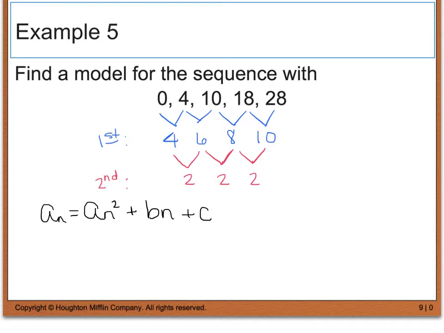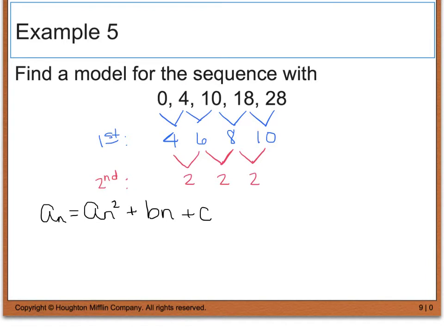Now because I was given my 0, 4, 10, 18, 28, and so on, these are my a sub n terms. I know that my first term, a sub 1, equals 0, a sub 2 was 4, a sub 3 was 10, and so on. I'm going to use that bit of information to help me come up with this model.